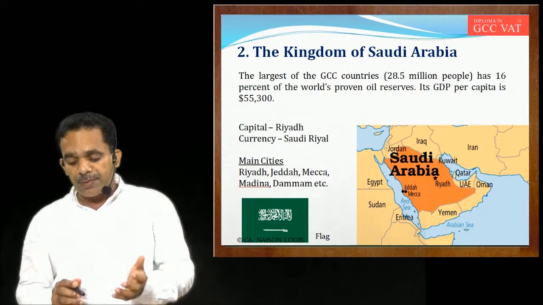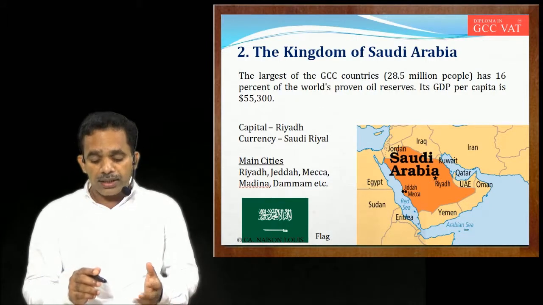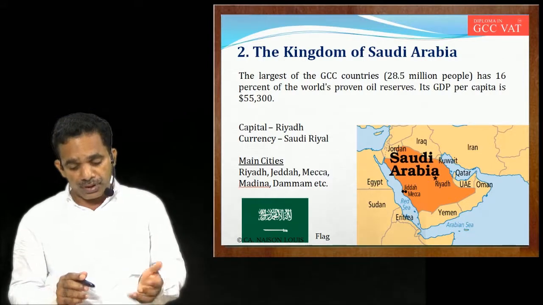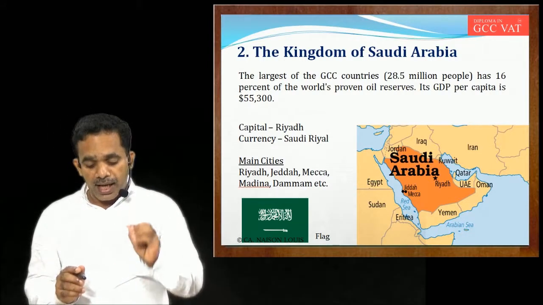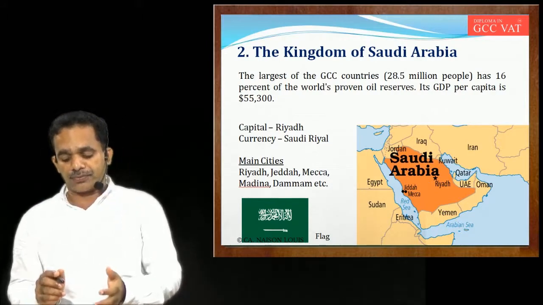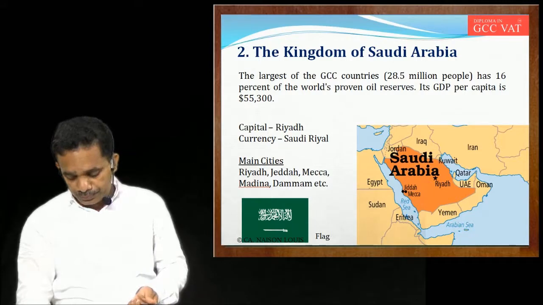Its GDP per capita is $55,300. Its capital is Riyadh, and the currency is the Saudi Riyal. The main cities include Riyadh, Jeddah, Mecca, Medina, Dammam, etc. You can see a map of Saudi Arabia also.